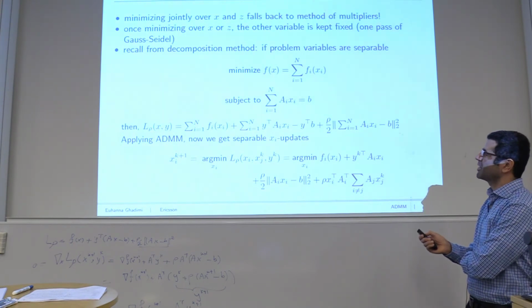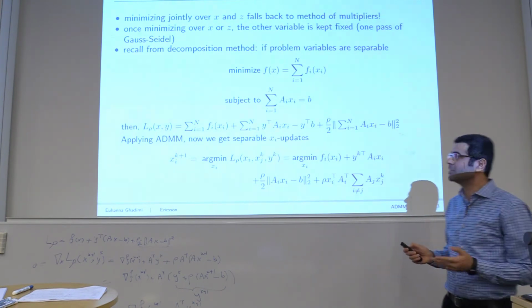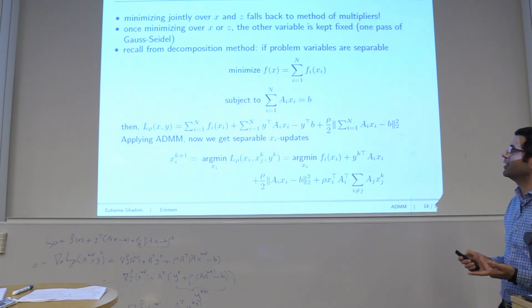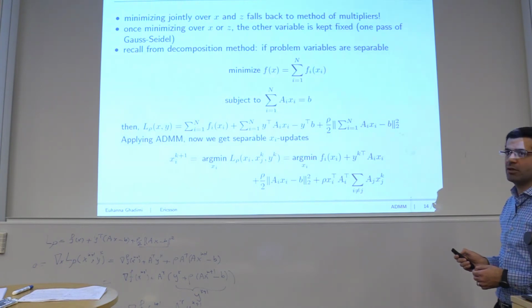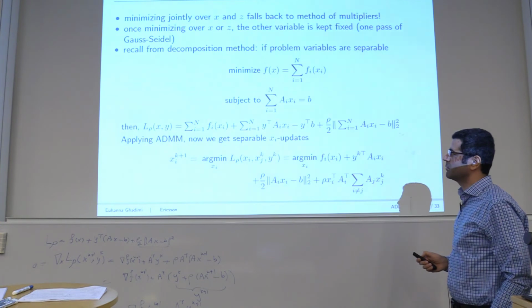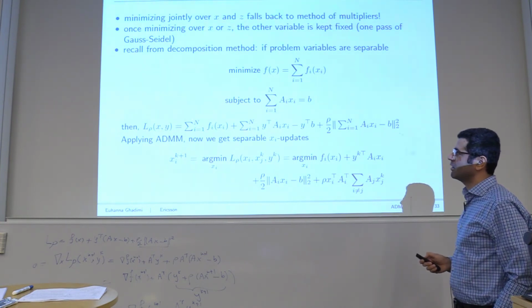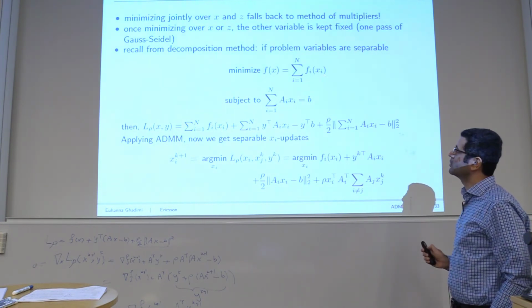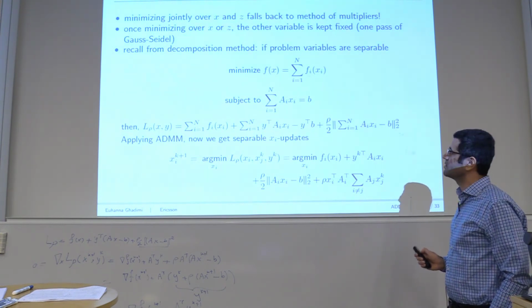And this is maybe trivial, but let's take a closer look at how it happens, that you now have a separable Lagrangian that lets you split the minimization. So if you have n workers, let's say, each of which has a piece of your xi's, now I entirely remove the g and z parameters.